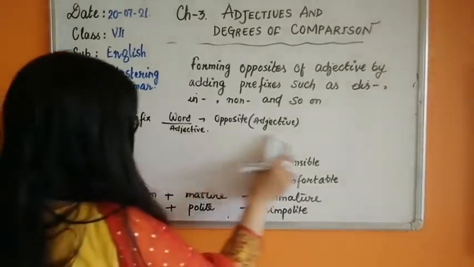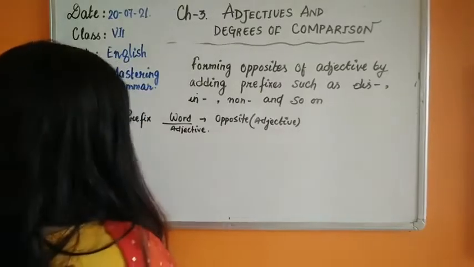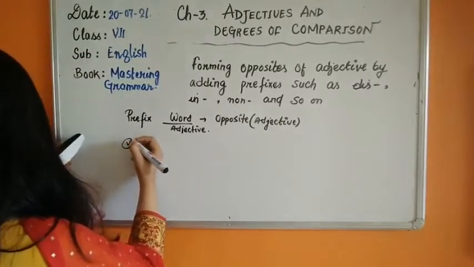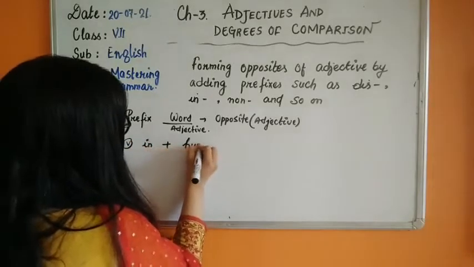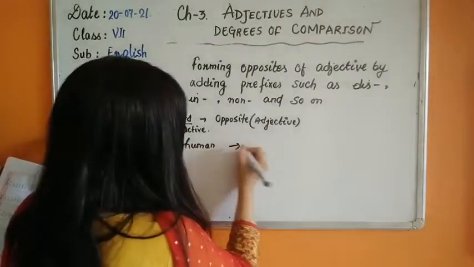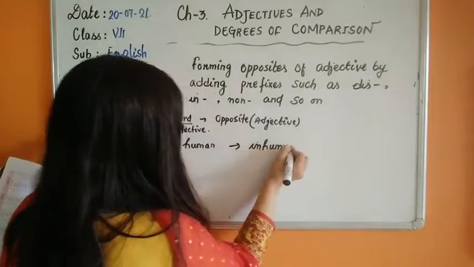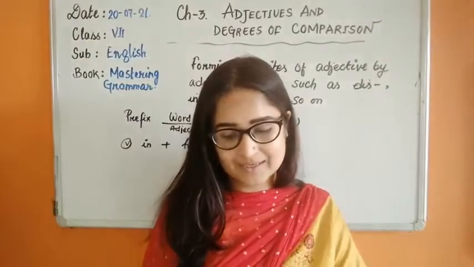Now let's see some more examples of the prefixes. So number 5, in plus human becomes inhuman, right? So I hope you understood this, children. I hope you got this clear.